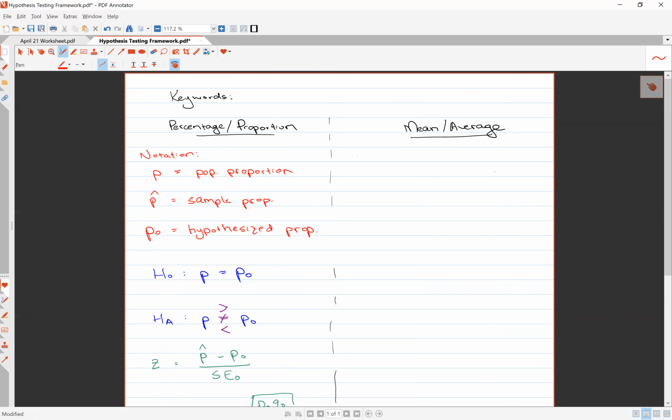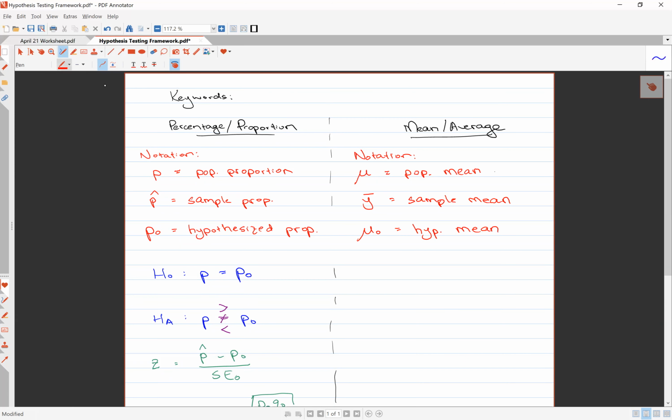If it's about a mean or an average, then your notation is going to be: mu represents the population mean, y bar represents the sample mean, and mu naught represents the hypothesized mean.